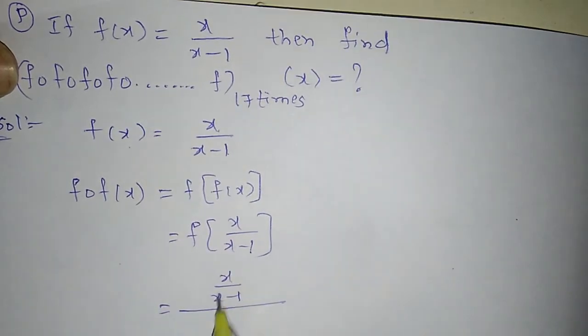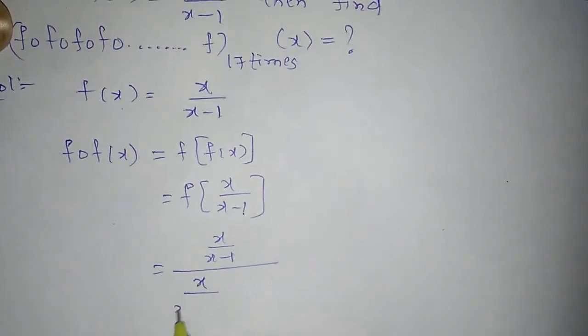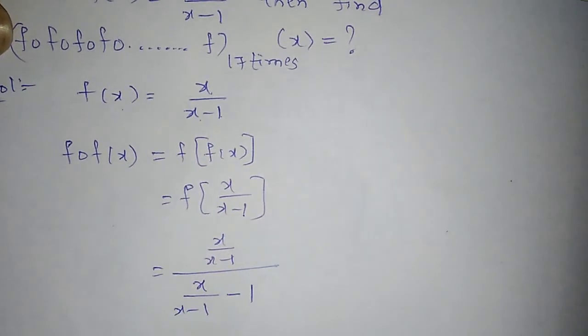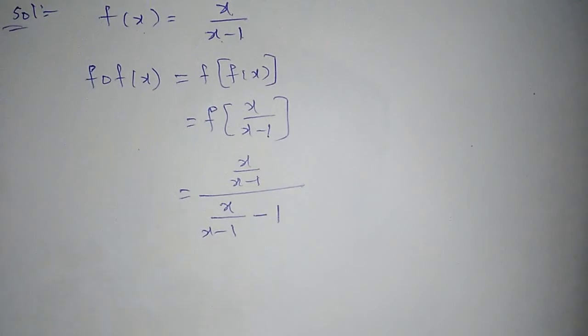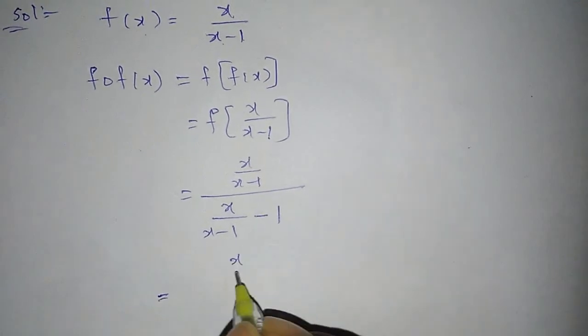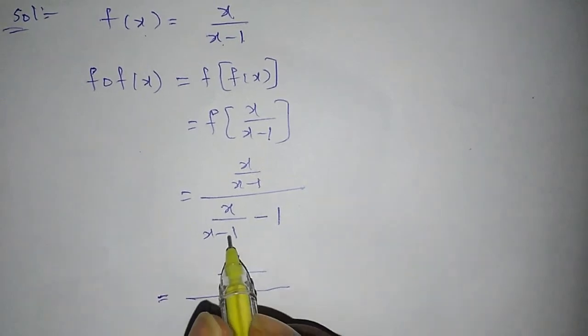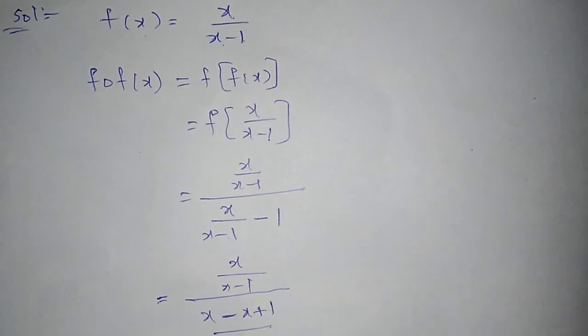That is (x by (x minus 1)) divided by (x by (x minus 1) minus 1).